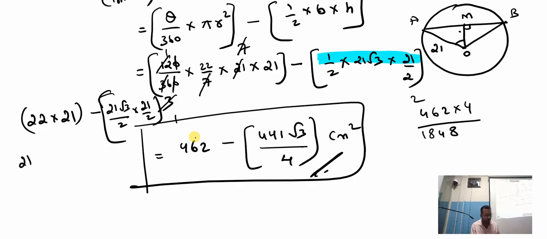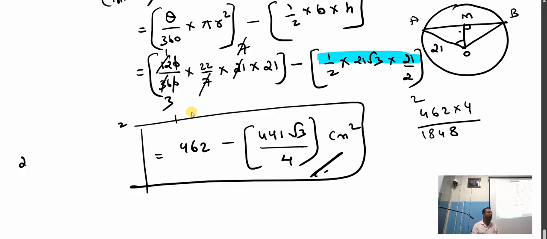Like this also, if you want, you can take the common factor and solve. If you are not getting it, you can stop the answer here also. No worries. 462 minus 441 root 3 by 4 centimeter square. Any doubts? Very good.